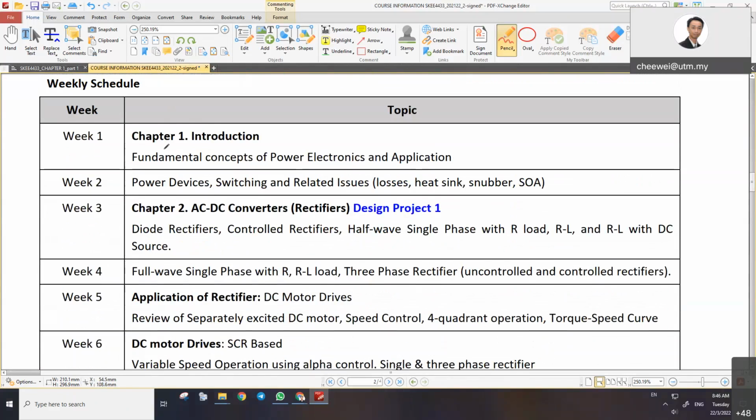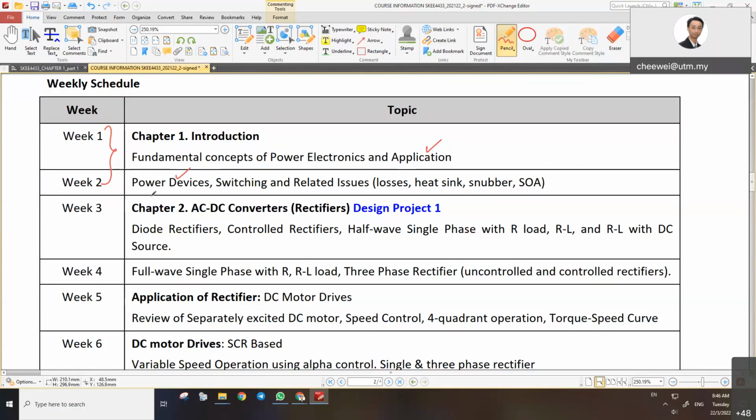So basically, chapter 1, we have 2 weeks to do it. This week and next week, we'll look at the fundamental concepts of power electronics and applications, definitions, examples, and where you use it. And then you will look at the power devices, and there are actually many power converters, and different converters will be using different semiconductors or power devices.